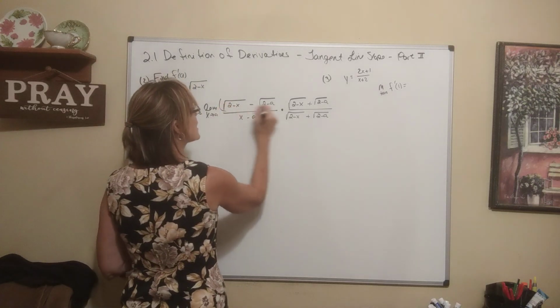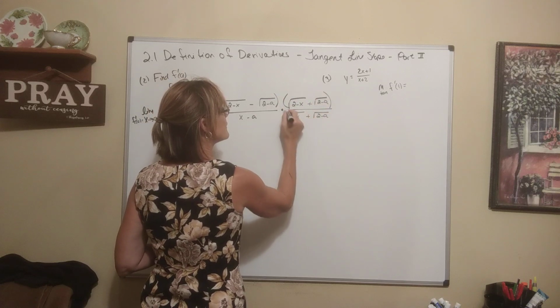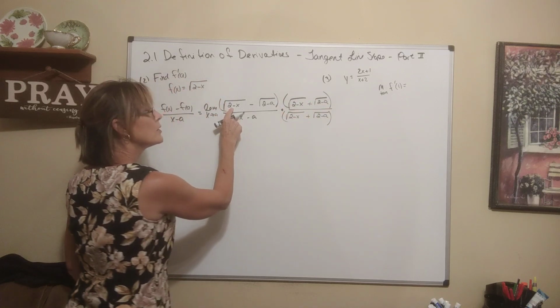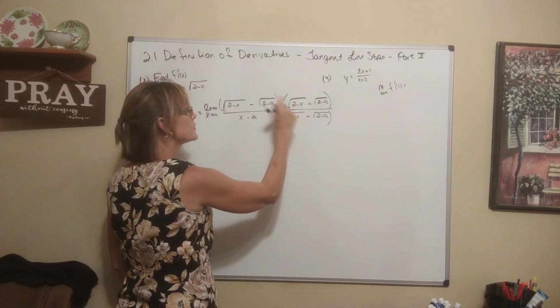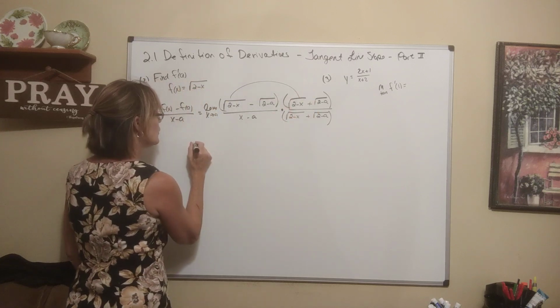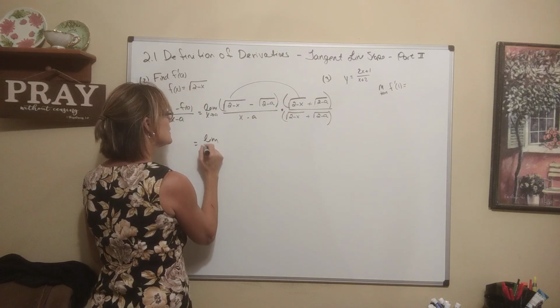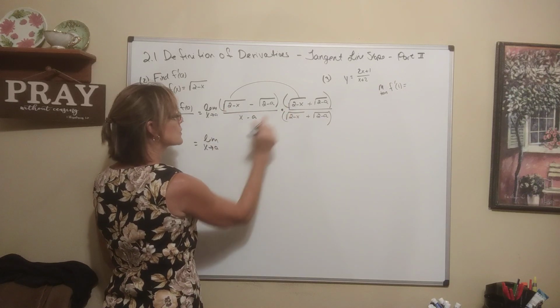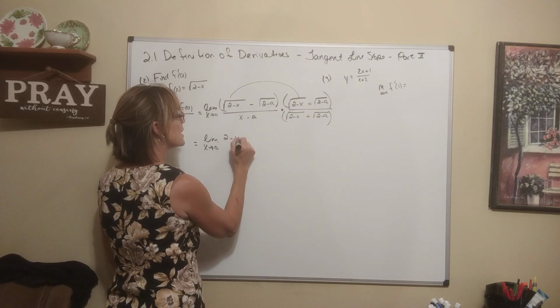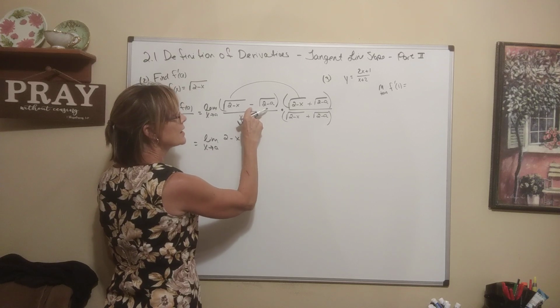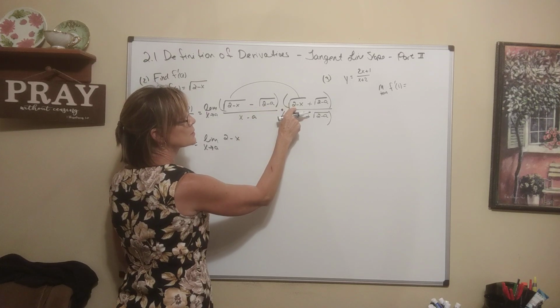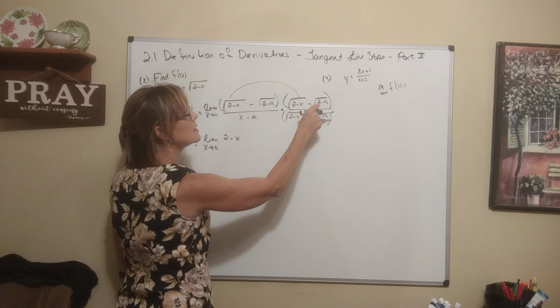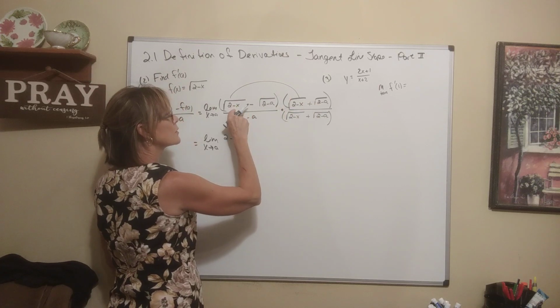So if you multiply the numerators together, the square root of 2 minus x times the square root of 2 minus x right here, we are going to get, don't forget your limit notation, 2 minus x. And then right here, negative square root of 2 minus a times the square root of 2 minus x plus square root of 2 minus a times the square root of 2 minus x.